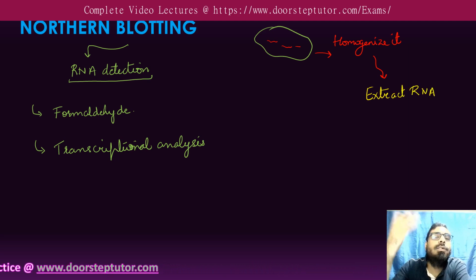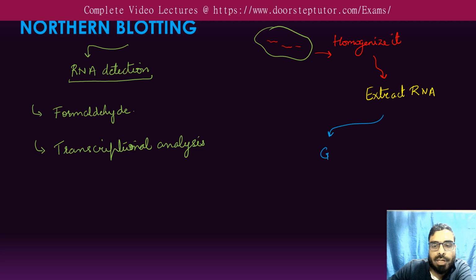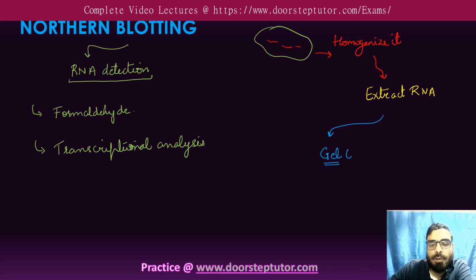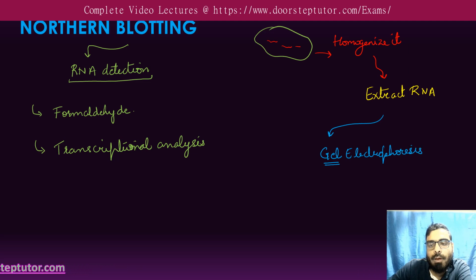This can be done through various processes like centrifugation, density gradient centrifugation, and other types of processes. Once the RNA is in your hands, you have to run it on gel, so you have to perform gel electrophoresis. And once this is done, we have to perform blotting.